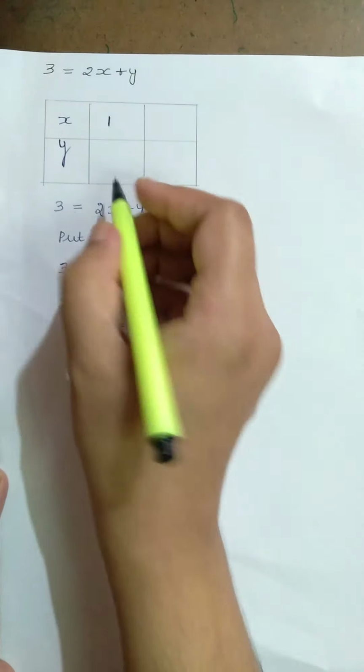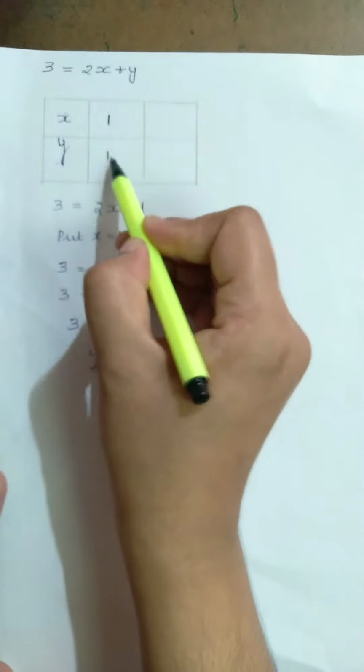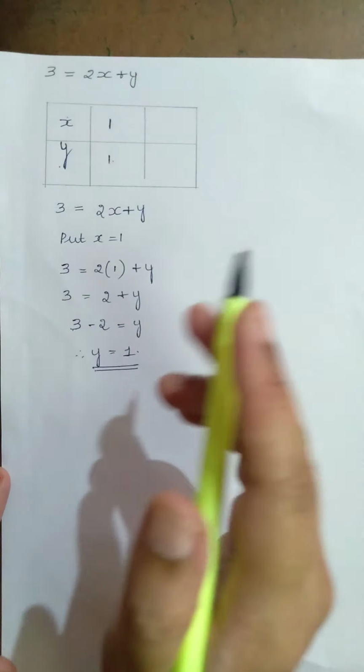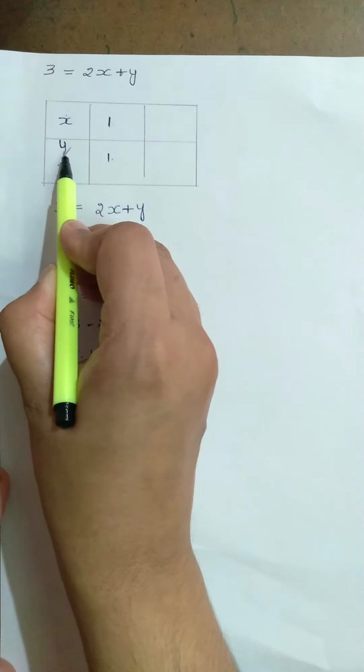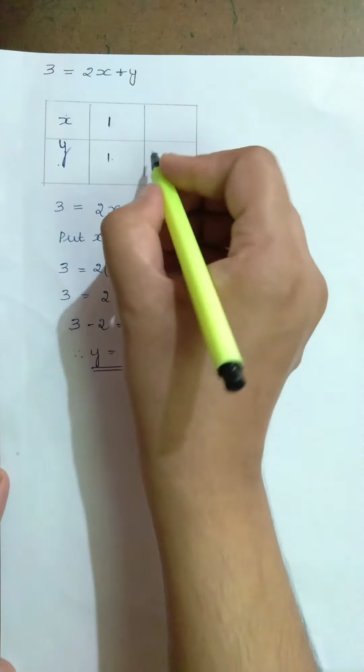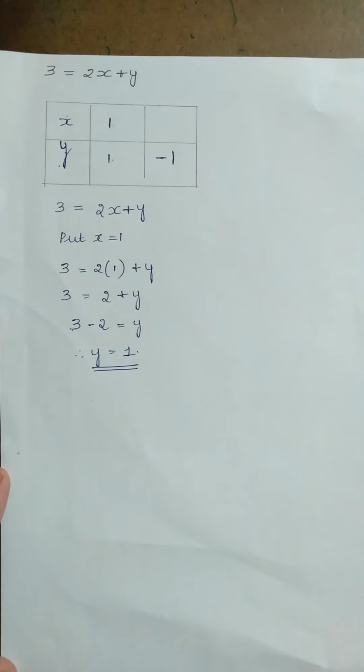Now we got the first point (x, y), that is (1, 1). Now let us put a value for y. Let us consider y = −1.